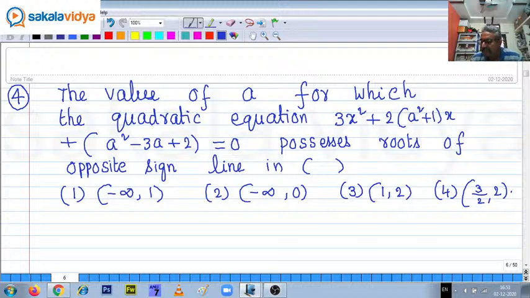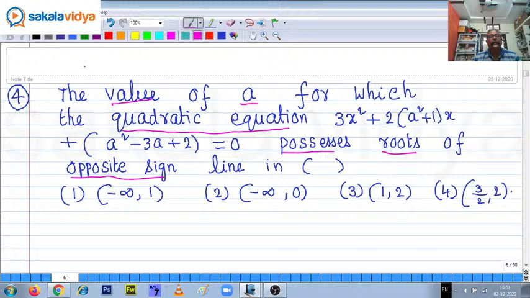Okay, so let's have a discussion on this question. The value of a for which the quadratic equation 3x square plus 2 times (a square plus 1) of x plus a square minus 3a plus 2 is equal to 0 possesses the roots of opposite sign. Both roots have different signs. For example, if alpha comma beta are the roots, if alpha is positive, beta is negative. If alpha is negative, beta will be positive.